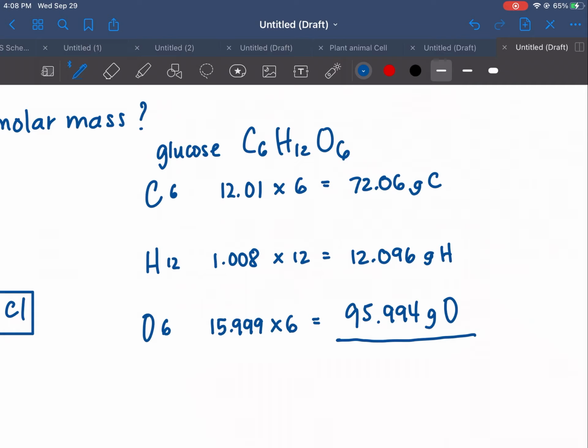The molar mass of glucose is 180.15 grams of glucose. So that is the molar mass of glucose. Make sure you follow those instructions so that you can get all the numbers that you need. All right.